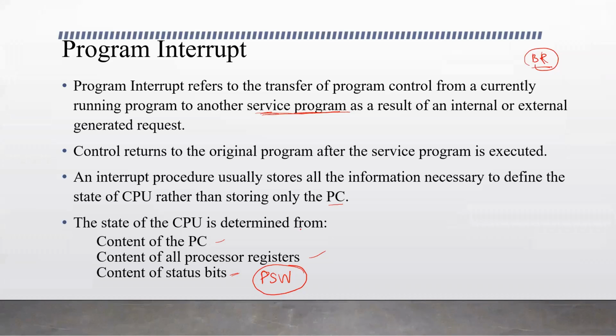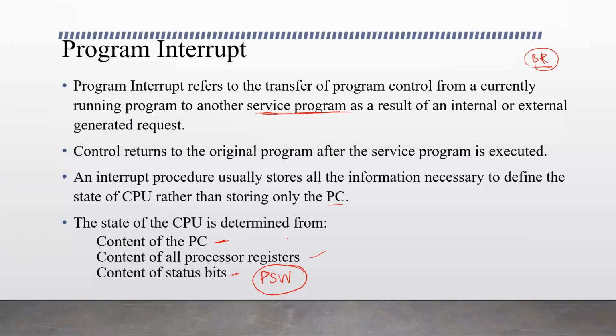So that needs to be stored, and the content of all the processor registers and the program counter. The content of the program counter is stored to return to that address again, to the currently running program. We do this for every branching, that is, subroutine calls.